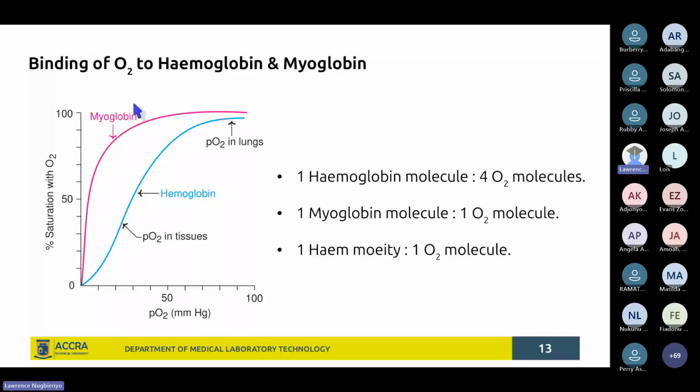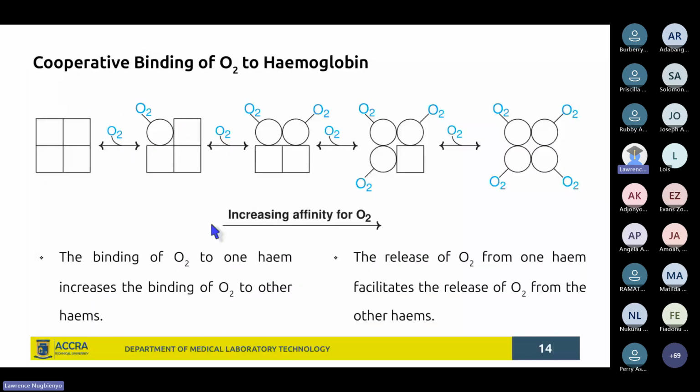But it has to be at a high pressure that it gets saturated. To understand that, we look at what we refer to as the cooperative binding of oxygen to hemoglobin. In other words, the binding of oxygen to hemoglobin is cooperative. What does it mean that the binding of oxygen to hemoglobin is cooperative?